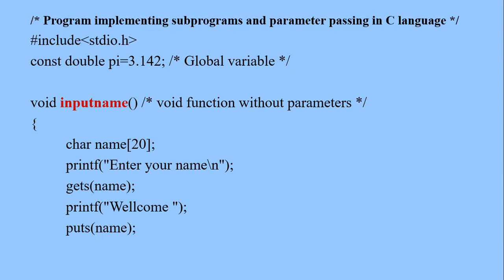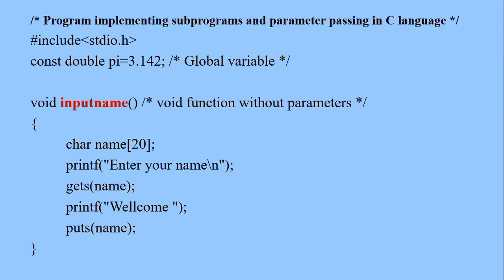Julius being the content of the memory location called name. So the put statement picks what is in the memory called name and displays it on the screen.